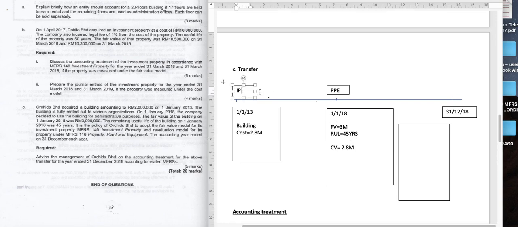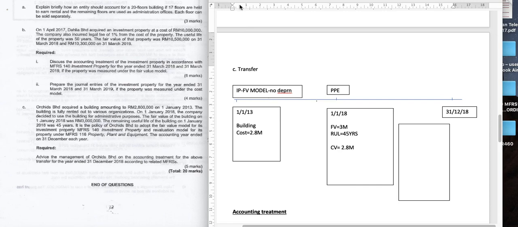So here is fair value model. So there is no depreciation. No depreciation. That means the cost here become the carrying value.